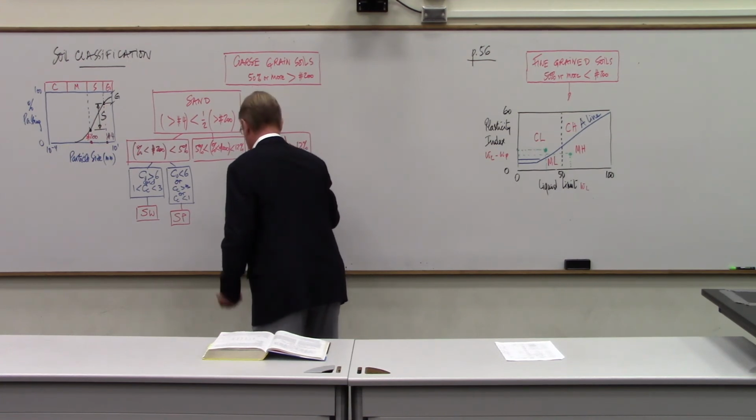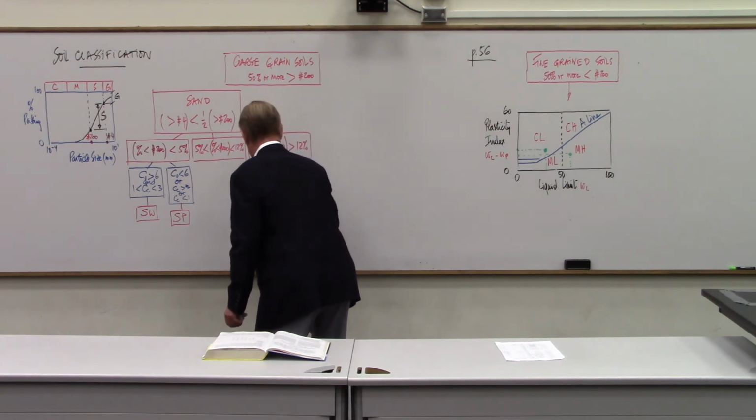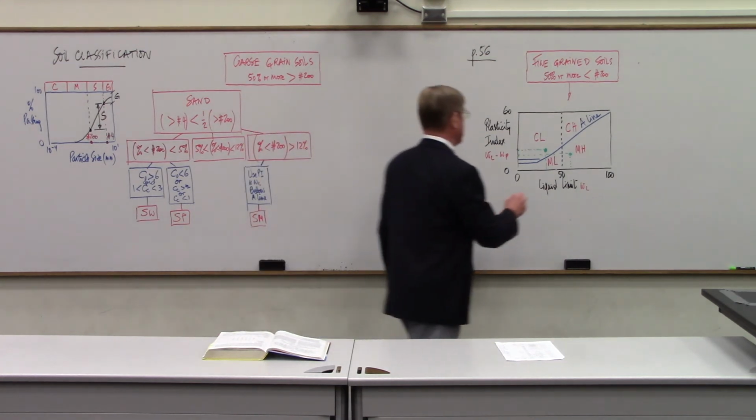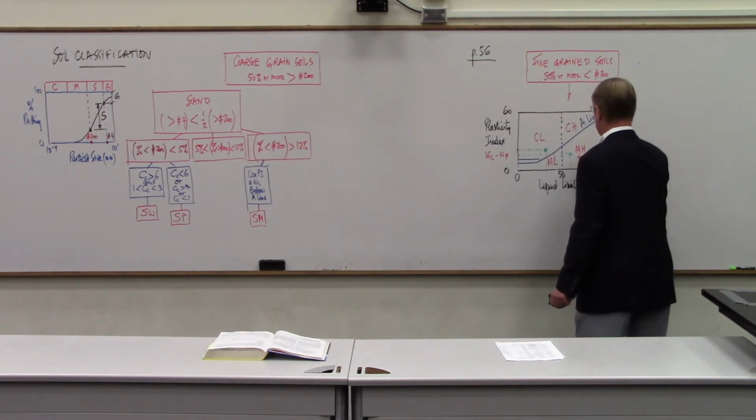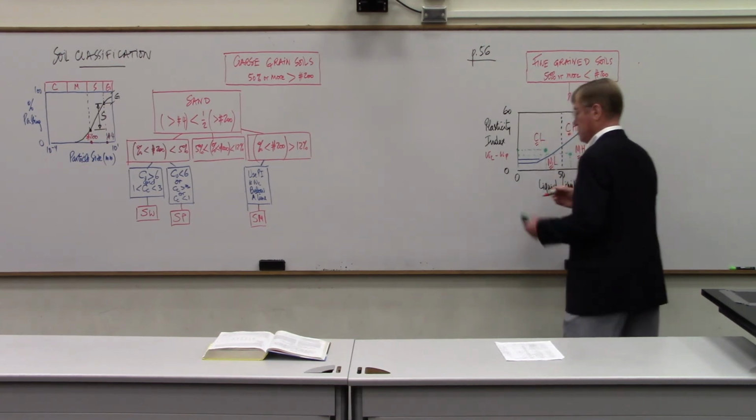And then the conclusion will be that we have an SM. So below the A line, we're going to use the M, and above the A line, we're going to use the C.